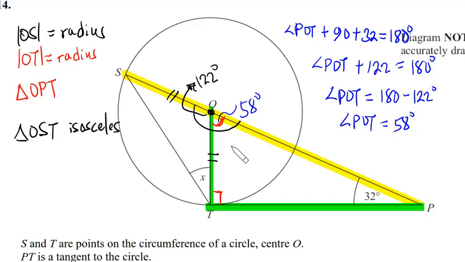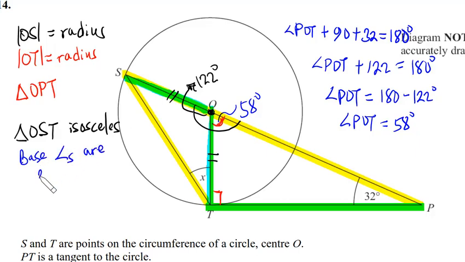The two lengths that are the same, OS and OT, will be resting on the base, and the base will be ST. One basic important theorem about isosceles triangles is that base angles are equal.